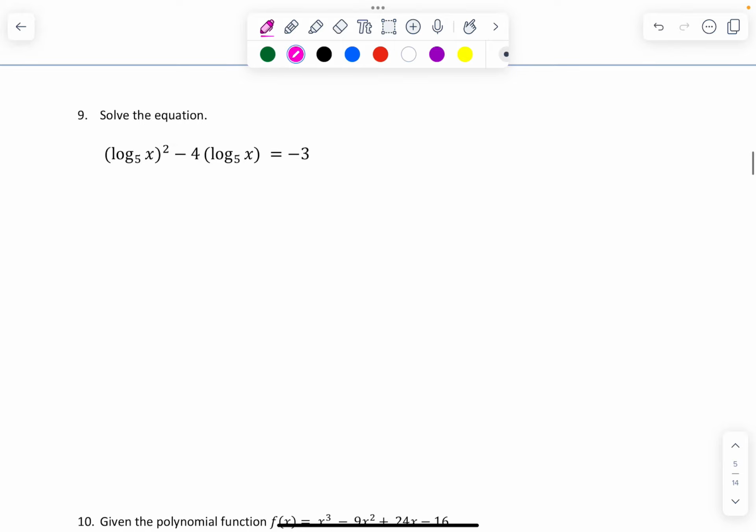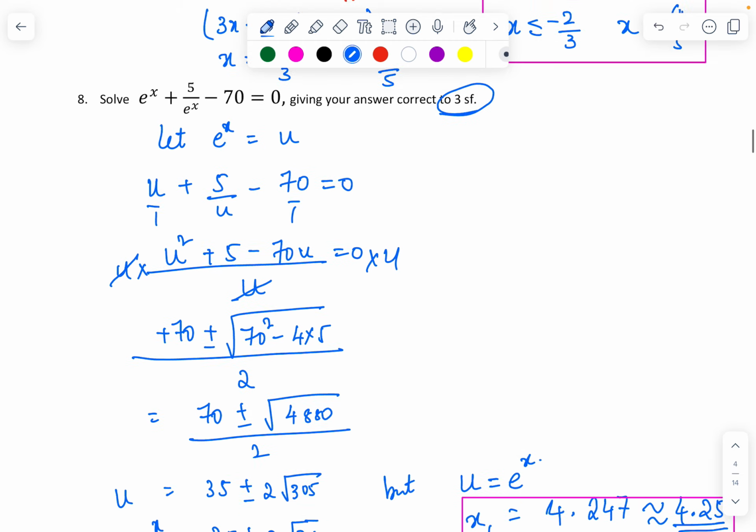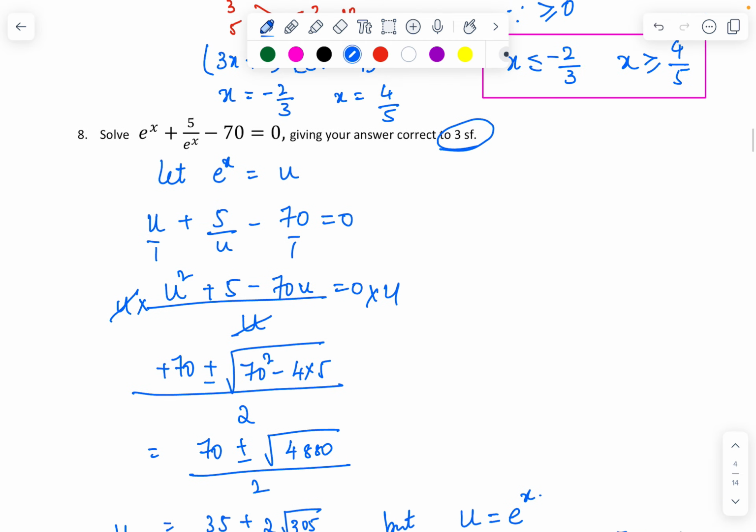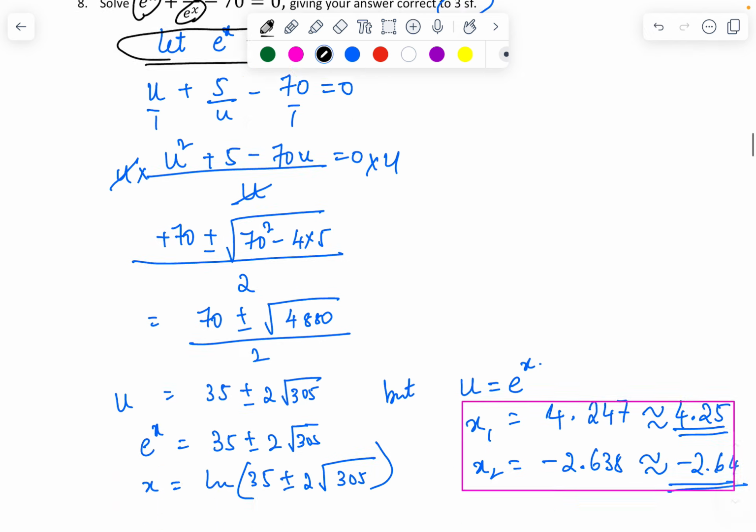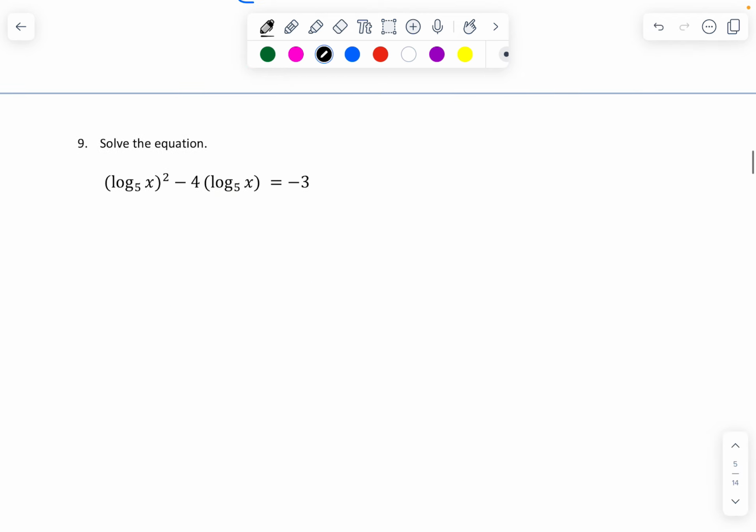Question number 9, solve the equation. So similarly, whenever you see two terms are the same, you basically assume, then our life becomes easier. Even here you can see log base 5 of x and log base 5 of x.